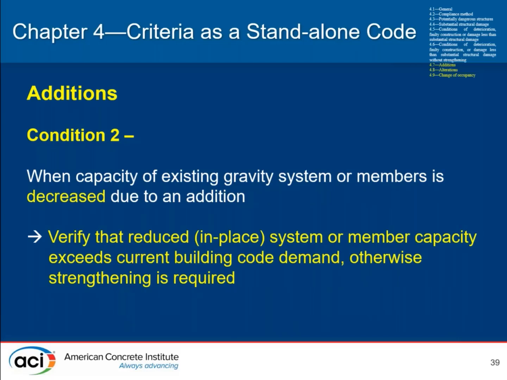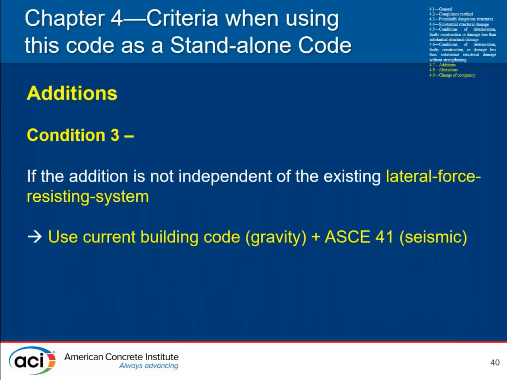If the capacity of the existing gravity system or members is decreased, that system or member should be checked using the current building code and strengthened if required. And if the addition impacts existing lateral force resisting seismic systems, go to ASCE 41.